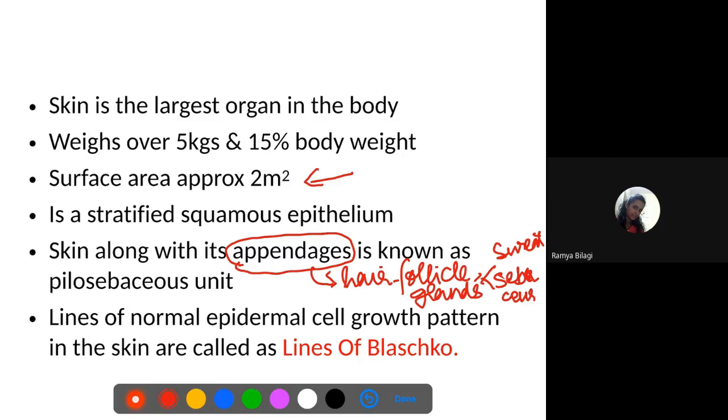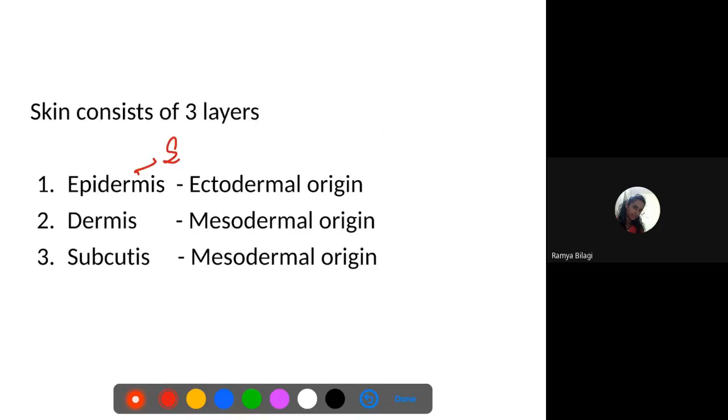So broadly, we can divide skin into 3 layers, that is epidermis, dermis, and subcutis. These are the main 3 layers starting from top to bottom. So epidermis is the superficial most layer of the skin, and next comes the dermis, next is subcutis.